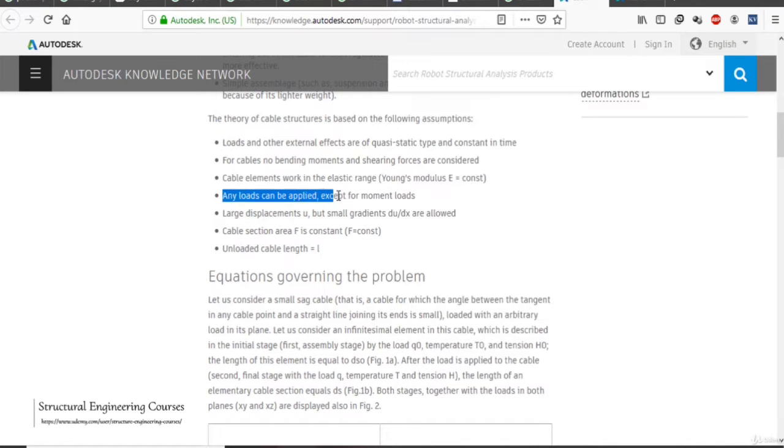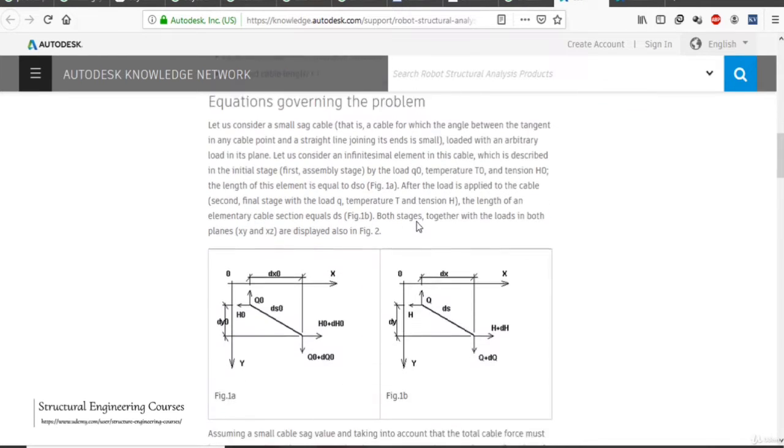After that, any loads can be applied except for moment loads. That again is what we discussed in the upper section, that cables can carry tension forces only. Large displacements du but small gradients du/dx are allowed, the cable section area F is constant, and the unloaded cable length is equal to L.